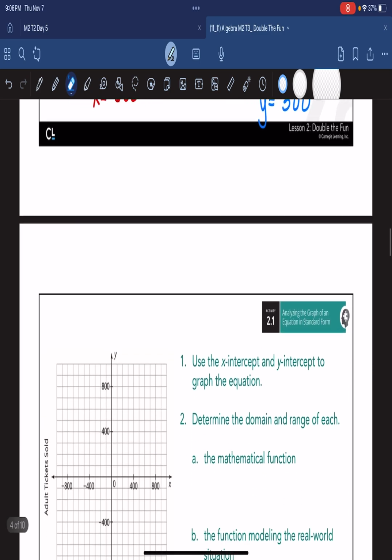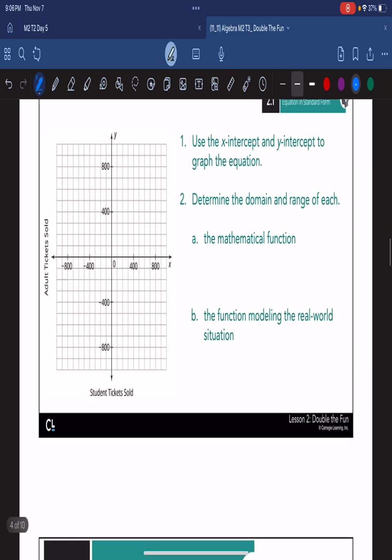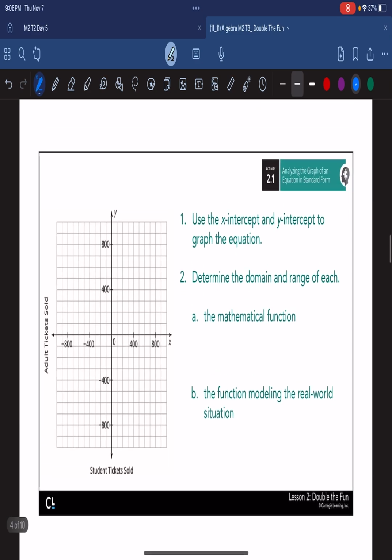So now that I know my x and y intercept, which is at (600, 0) and (0, 300), I can graph those 2 points on my coordinate plane to graph this equation.